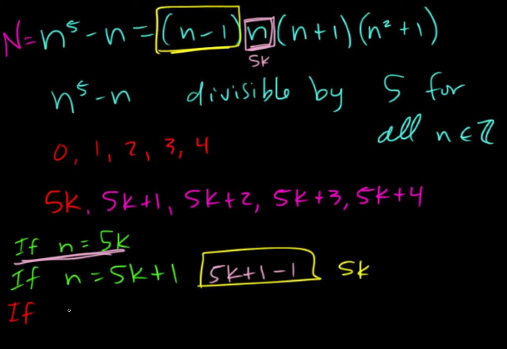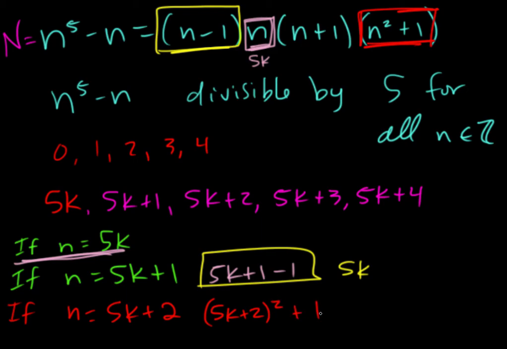If n is equal to 5k plus 2 and we plug it in here, we get 5k plus 2 squared plus 1.